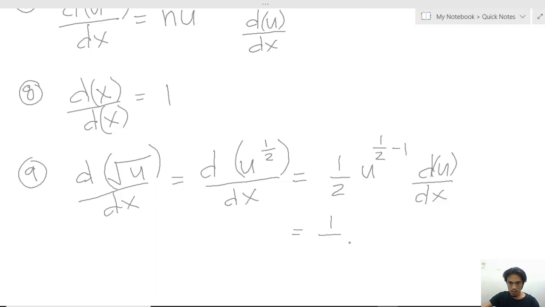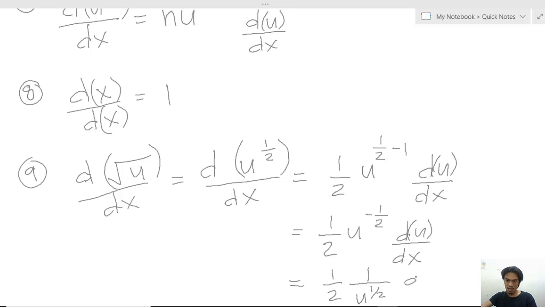Just copy the constant, the base, and the new exponent is negative 1/2, times du over dx. If the exponent is negative, you can write it as a reciprocal and then change the exponent to positive. Du over dx.